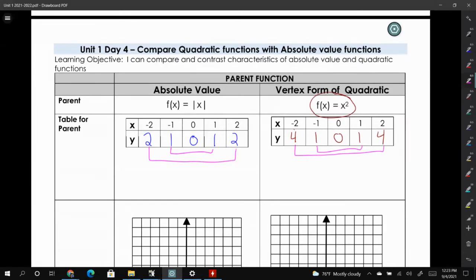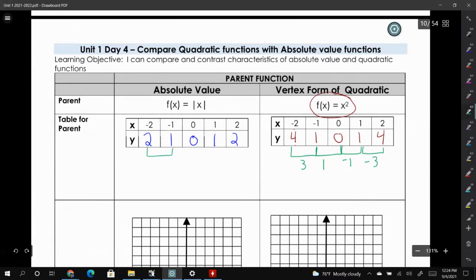Now, what you will also see about the table from the quadratic function is that if we take the difference, let me erase this. So the difference here, 4 minus 1 is 3, 1 minus 0 is 1, 0 minus 1 is -1, 1 minus 4 is -3. So it's not the same value like it is over here.